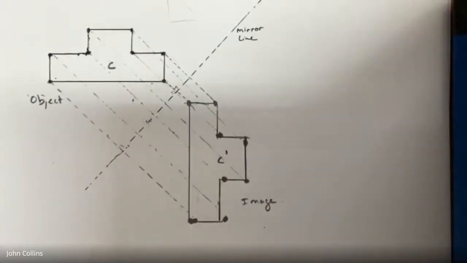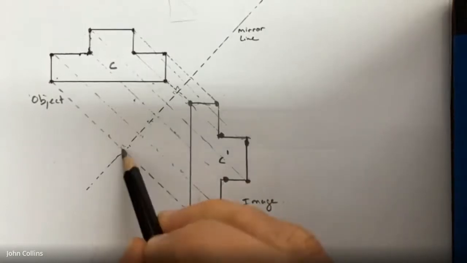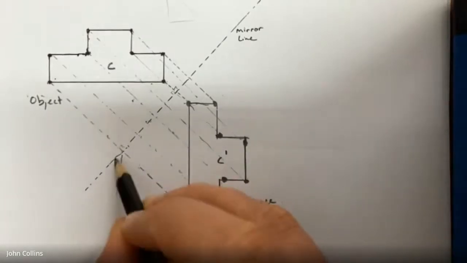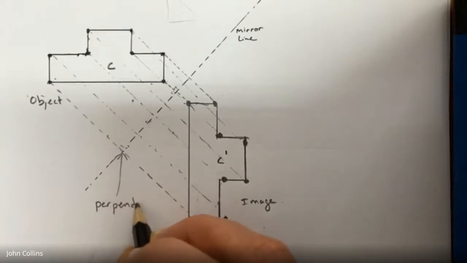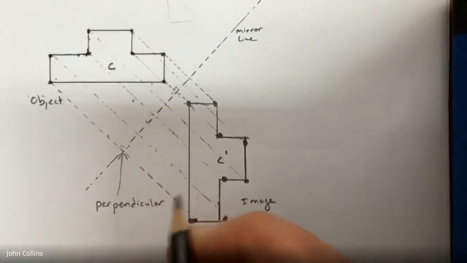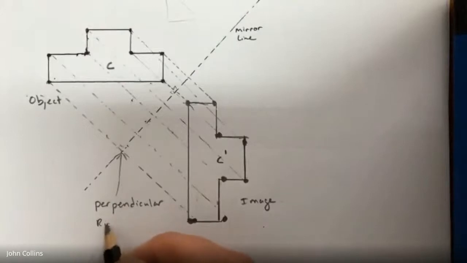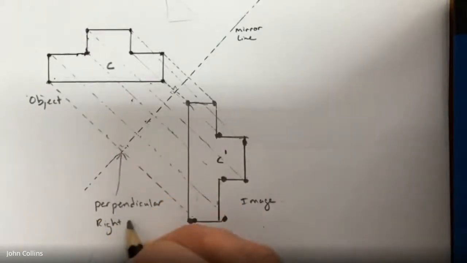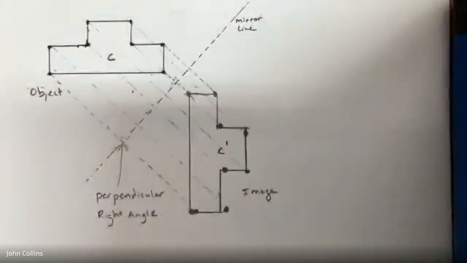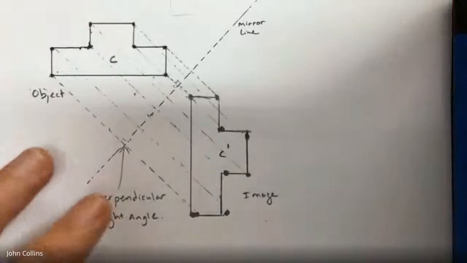Okay, the key thing here is that these lines must be perpendicular. It must be perpendicular here. Now, when I say perpendicular, I mean right angles. These construction lines have got to meet the mirror line at a right angle. Okay? All right. So this one will kind of be the rough note.